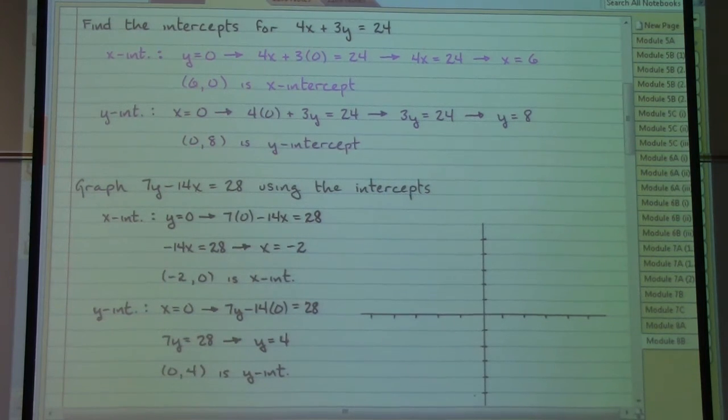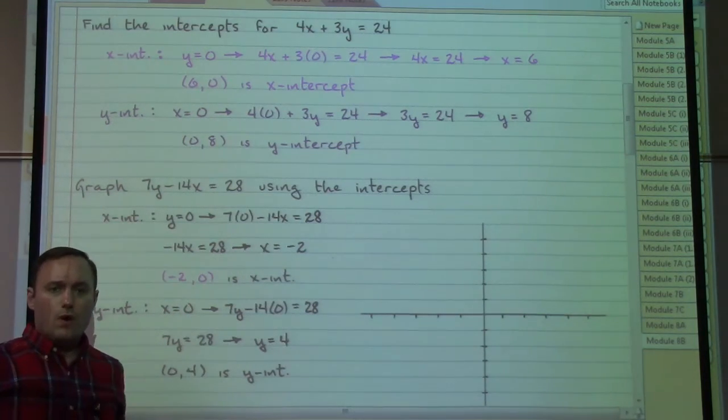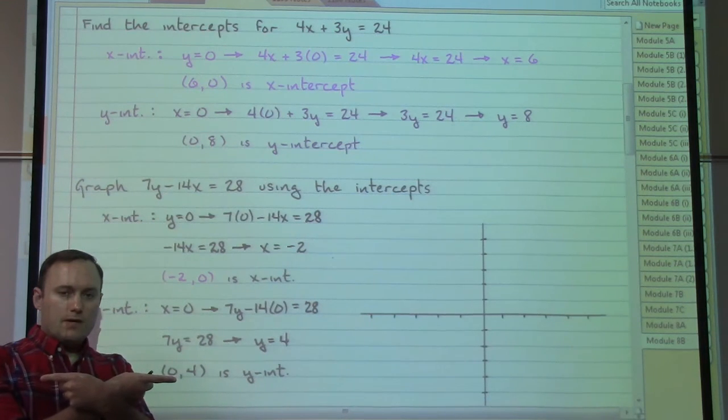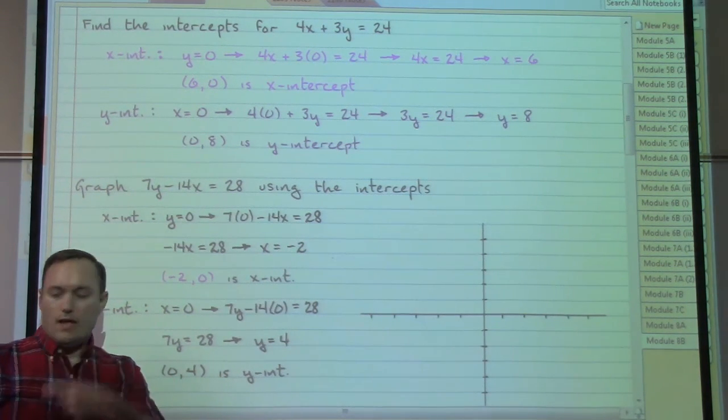So if we were looking to lock in our X-intercept, and let's even use the same color that we had used in the previous example, our X-intercept, -2, 0. The first number tells us whether we're going to go to the left or to the right. Because that first number is negative, our negative numbers are to the left.